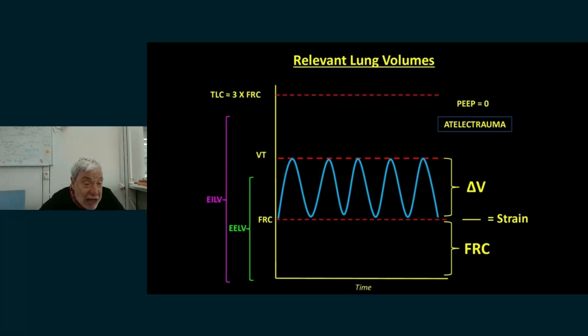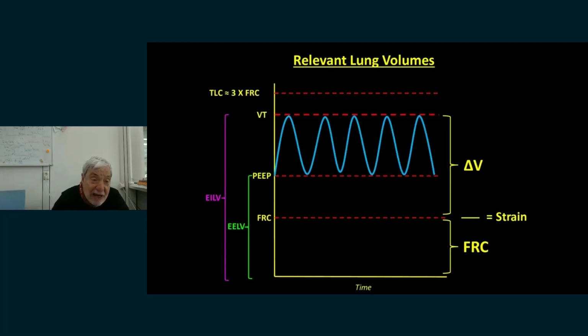I don't have any PEEP, and everything is okay. Now, I have a PEEP volume, and the PEEP volume increases the FRC up to here. Now, when I start with the tidal volume, I go close to here.